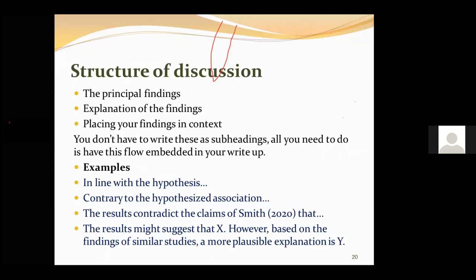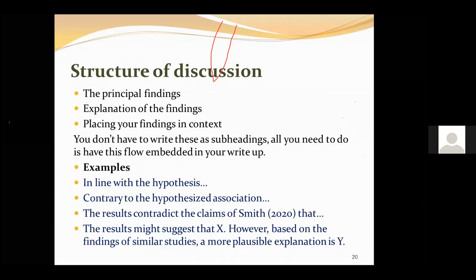As I'm reading through your discussion on, let's say, hypothesis 1, I must be able to pick out the principal findings, the explanation, and how you place your findings in context. I must be able to cite these three things.